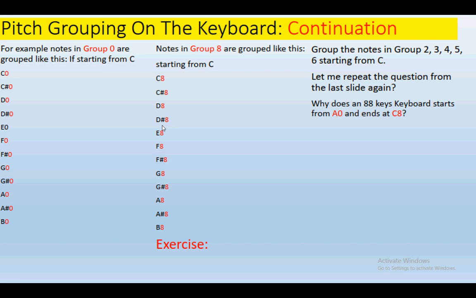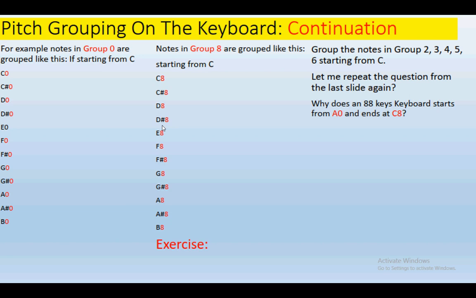I'm going up. If I'm coming down, the C sharp there will be D flat, E flat, A flat, B flat, like that. But I'm just going up. So C sharp 0, D0, D sharp 0, E0, F0, F sharp 0, all is going to be 0.